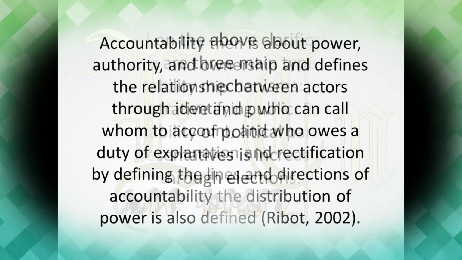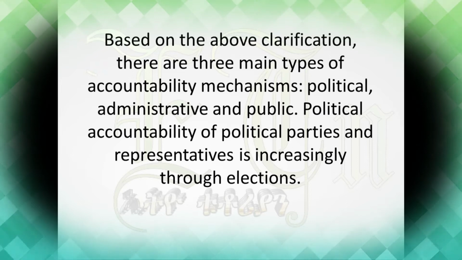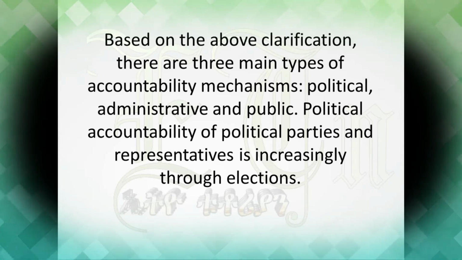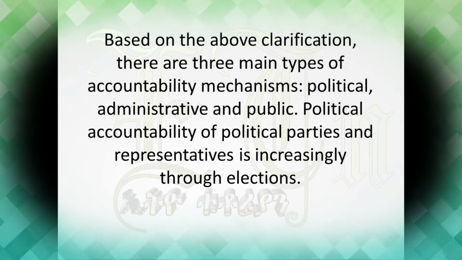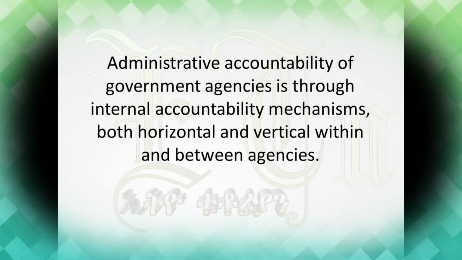Rebut, 2002. Based on the above clarification, there are three main types of accountability mechanisms: political, administrative and public. Political accountability of political parties and representatives is increasingly through elections.